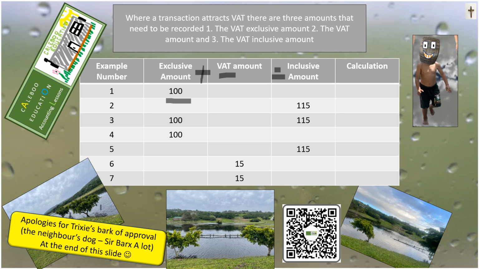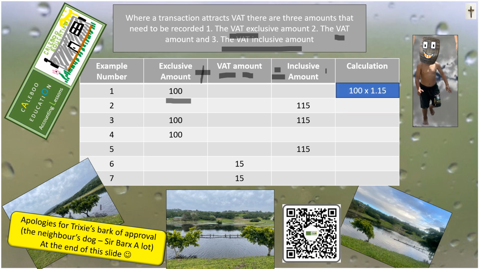I might calculate the inclusive amount before I calculate the VAT amount. There are different ways to complete this table, but I'm going to demonstrate all the different calculations you can use to calculate the VAT exclusive amount, the VAT amount, and the VAT inclusive amount.